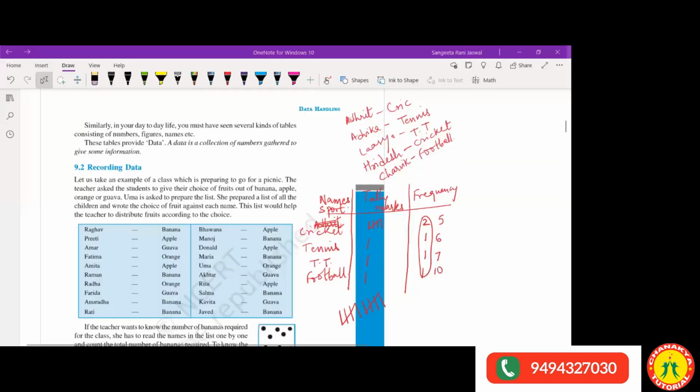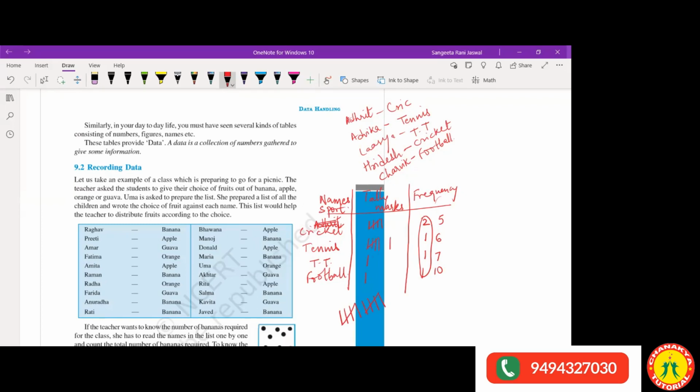Now I'm saying if the number of children that like this particular sport is some big number, so that we can put tally marks, I want to show you tally marks. So tennis will be represented like this: 1, 2, 3, 4, 5, and 1. That is 6. Now table tennis, suppose 7 children like table tennis.